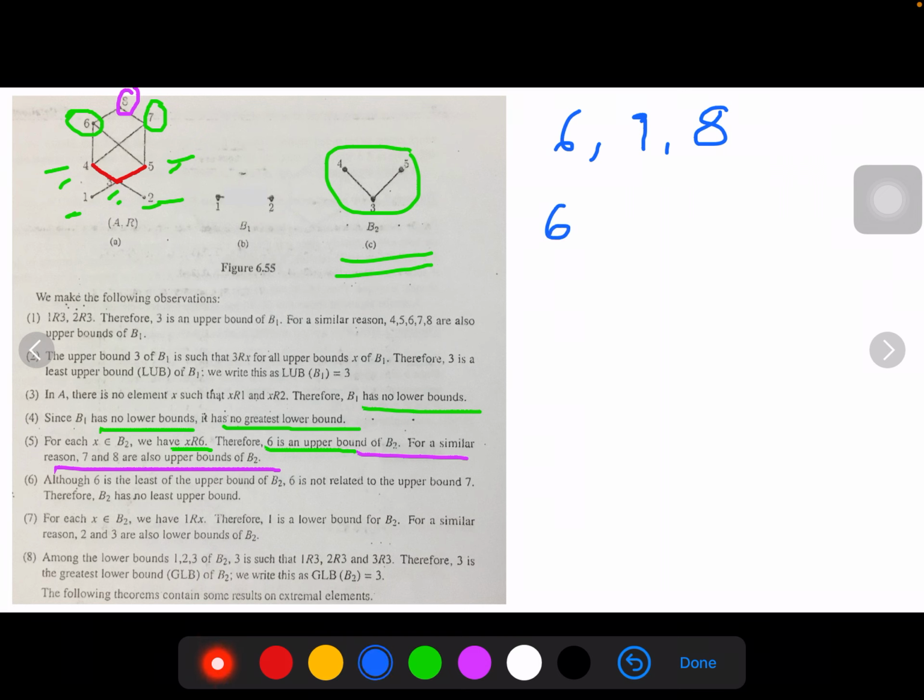That means 6 related to 7 must be there, and 6 related to 8 must be there. Then only can I say 6 is the least upper bound. But since 6 and 7 are at the same level and there is no connectivity, it cannot be covered by the transitive property. That is why 6 is not a least upper bound. There is no least upper bound for this.